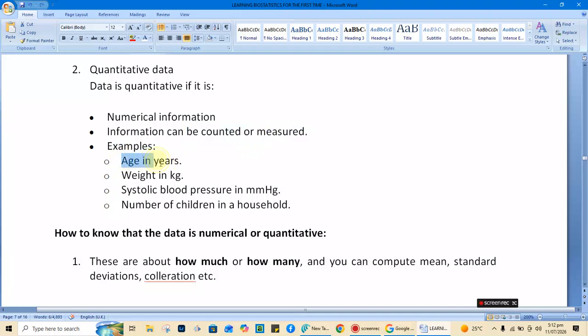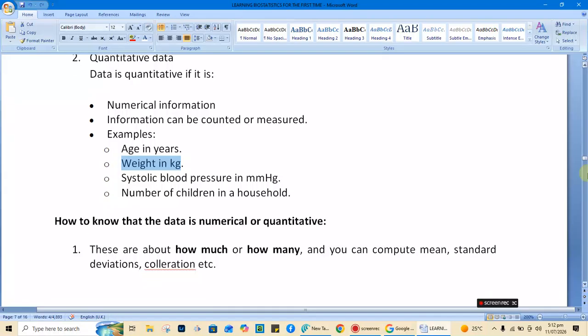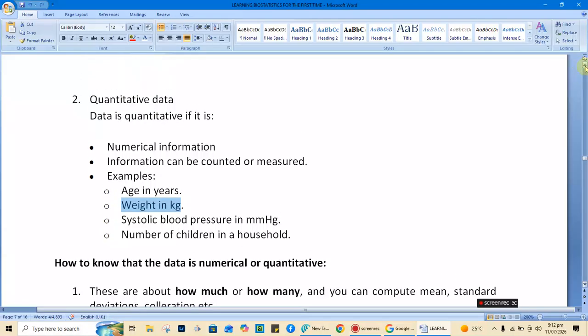For example, age in years, weight in kg, systolic blood pressure in millimeter mercury, number of children in a household. So if you've seen this, you can even be able to tell when we start looking at scales of measurement, which type of scale of measurement is going to deal with which type of data, either qualitative or quantitative.